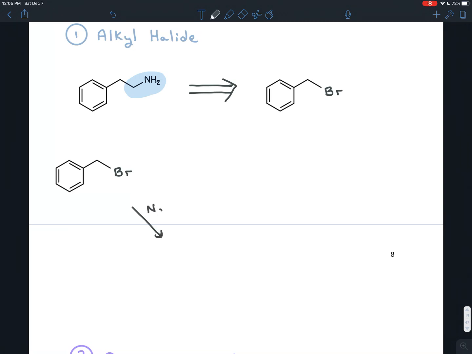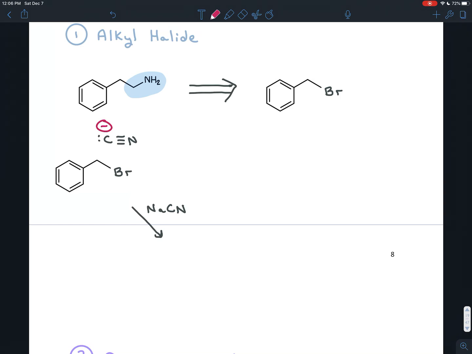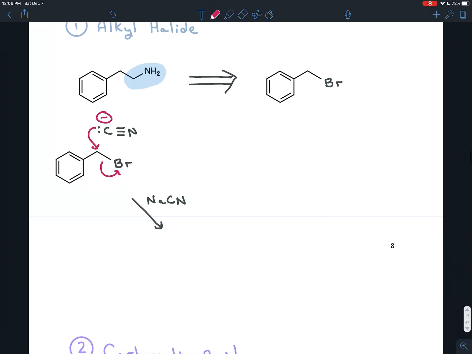So if we treat it with sodium cyanide, remember that cyano group with the full negative charge on the carbon can attack the carbon that has the leaving group, kick it off, and turn this into carbon triple bonded to the nitrogen.